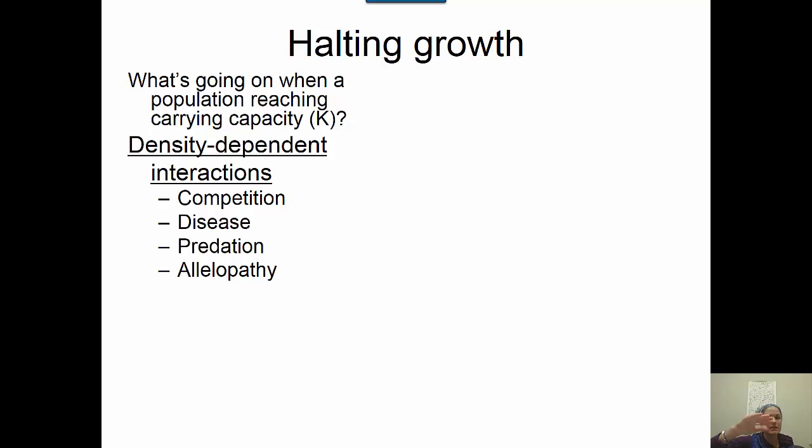There could be diseases that start to spread, fungal diseases or viral diseases, through plant populations. Herbivores might start attacking the plants, or allelopathy, which is when chemicals are released in the root zone by plants, could start to limit the growth of a population once the population hits carrying capacity. It's at a really high level at that point.